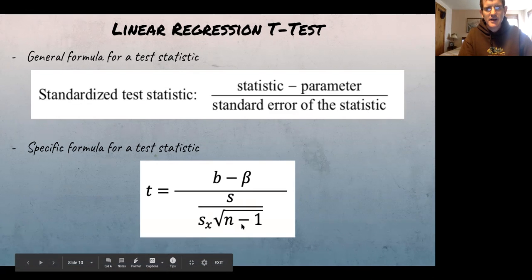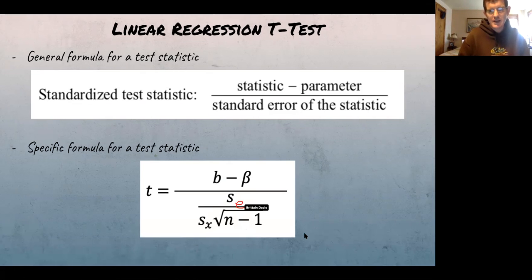And the standard error is going to be s divided by s sub x times the square root of n minus 1. And remember, s is the standard deviation of the residuals. Okay, so pretty straightforward as far as that goes.